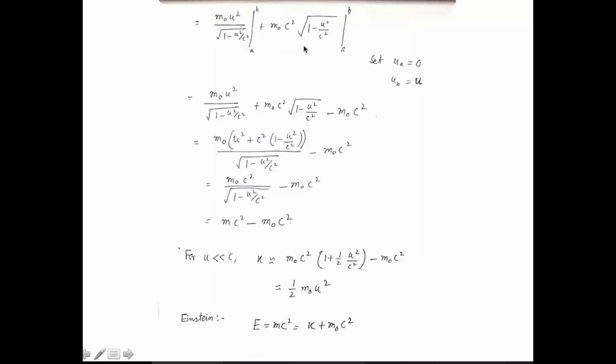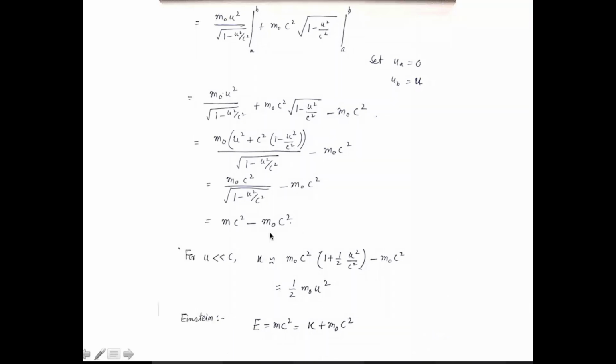Then, the point B is arbitrary, and let the particle be at rest at the starting point. The initial velocity is 0, and then at point B, it is u. So then this is what you get. Then you do the algebra a little bit, and you end up getting this result. The kinetic energy in the relativistic form is very funny because there is no v.